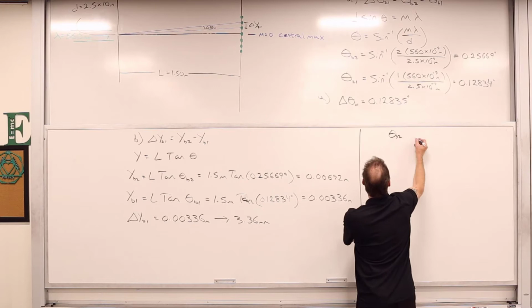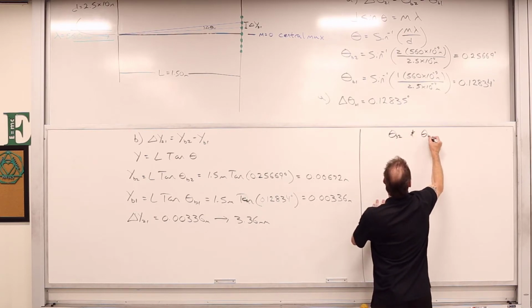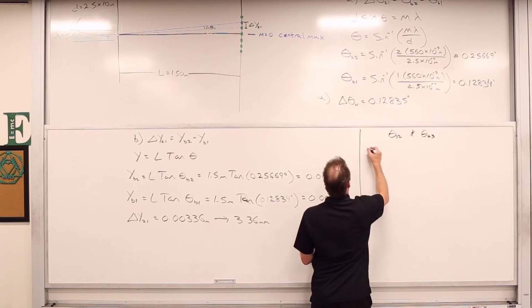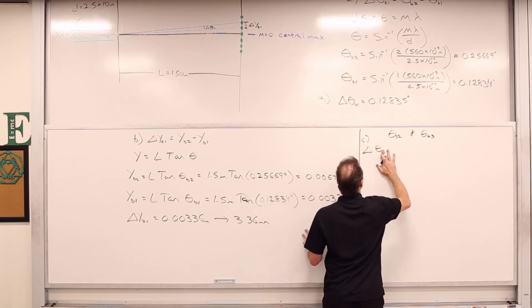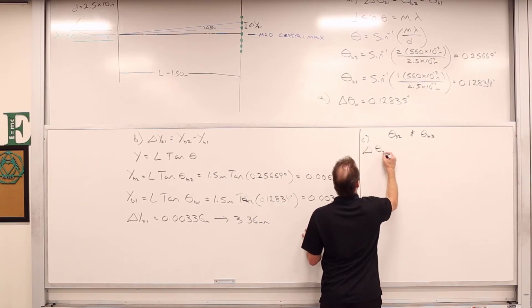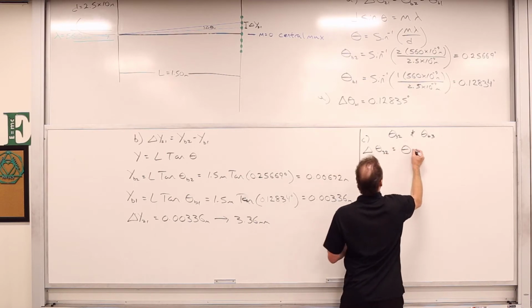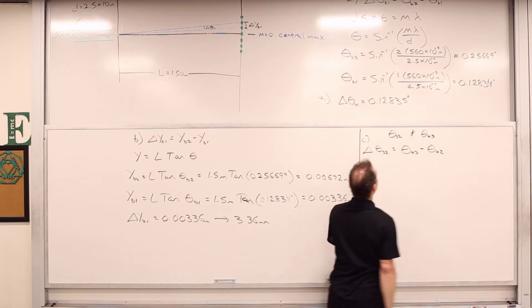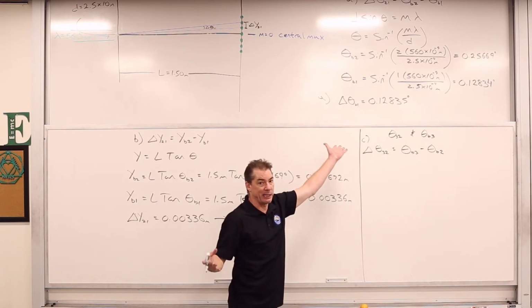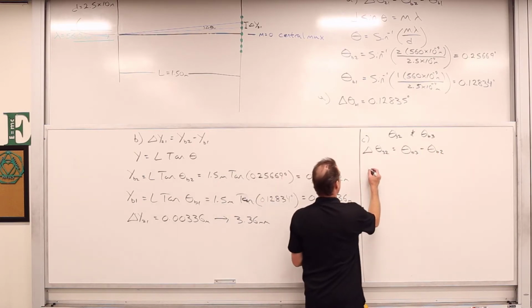Theta B2 and theta B3. We want delta theta 3,2. It's going to be theta B3 minus theta B2. We already know what theta B2 is, no need to calculate that again. All we need is theta B3.